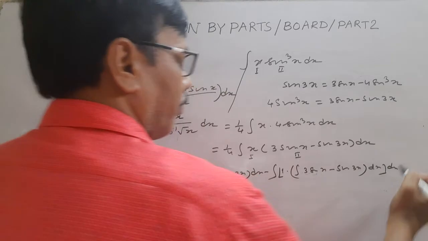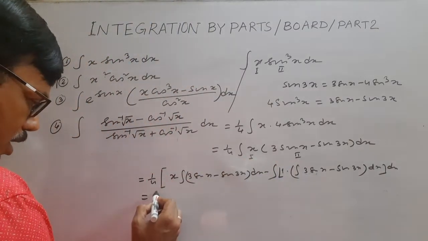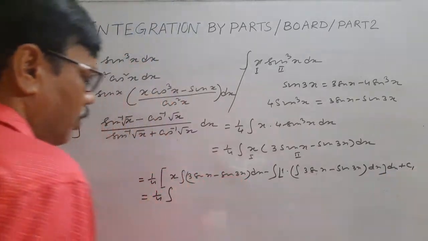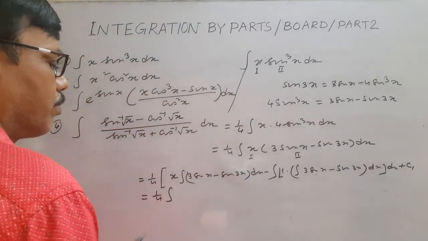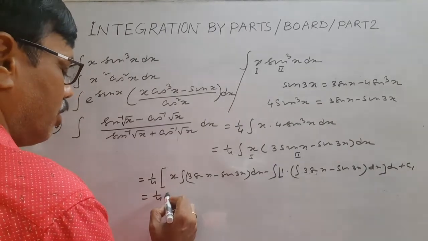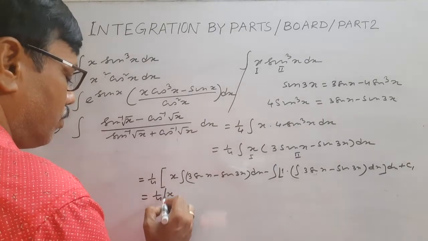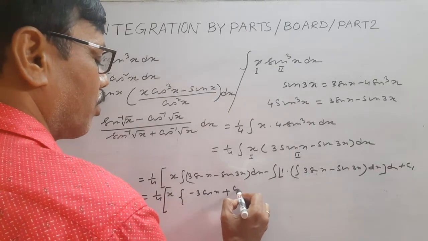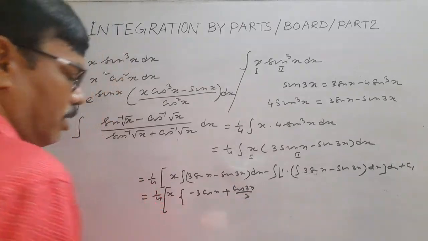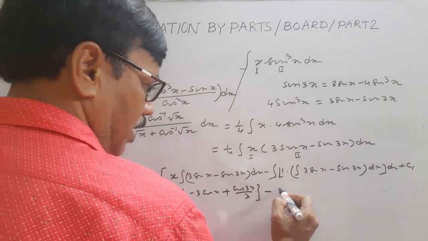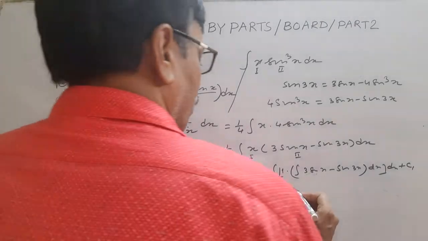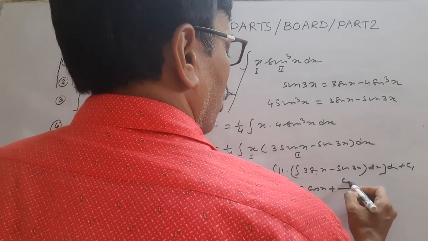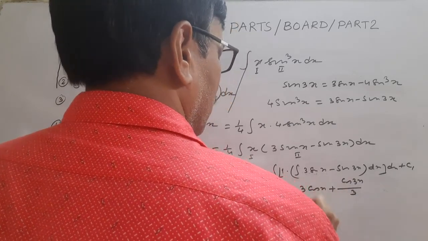Omitting one step here. So 1 by 4, this is C1. So 1 by 4 x into minus 3 cos x plus cos 3x by 3, minus 3 cos x plus cos 3x by 3, then total dx.